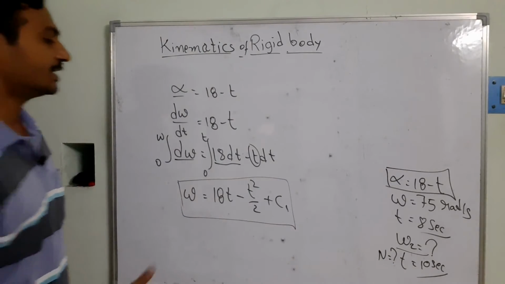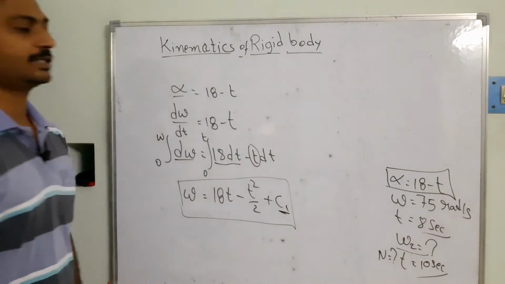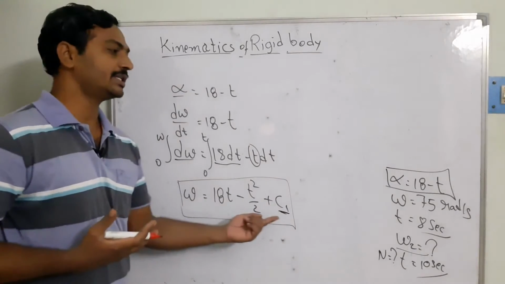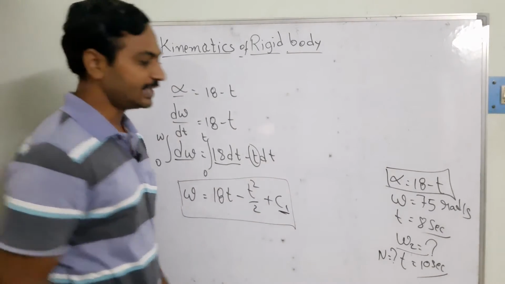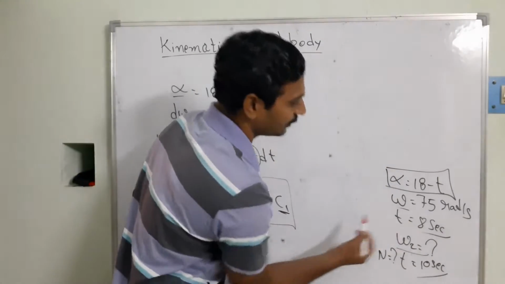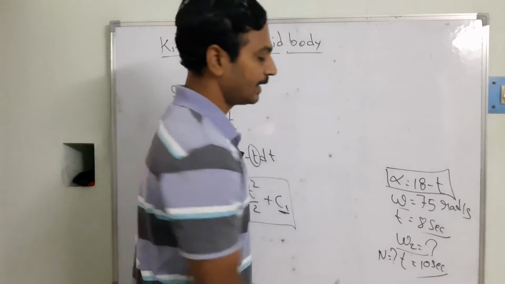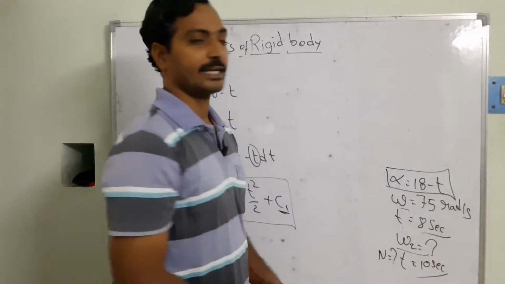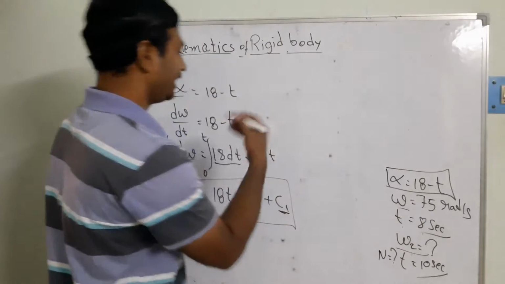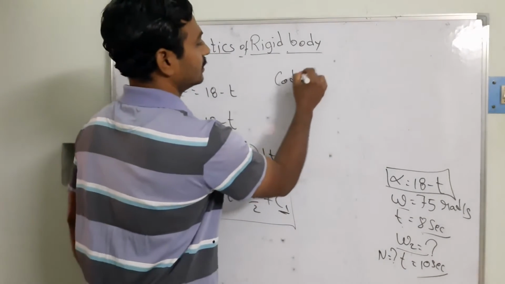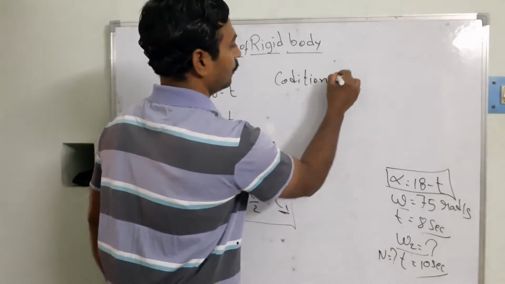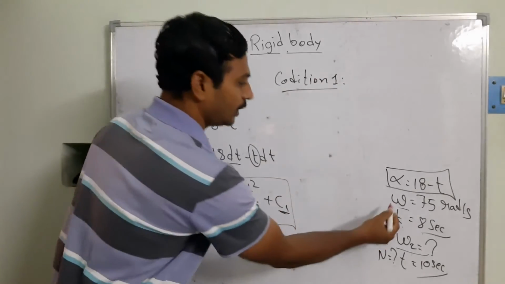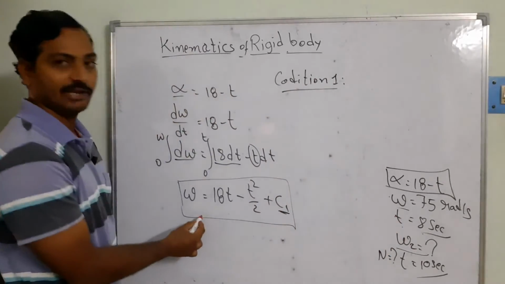Now c1 is an unknown constant. Then how would you find c1? Here the angular velocity is 75 radians per second and the time is 8 seconds. Taking condition 1, I substitute these two values in this equation.